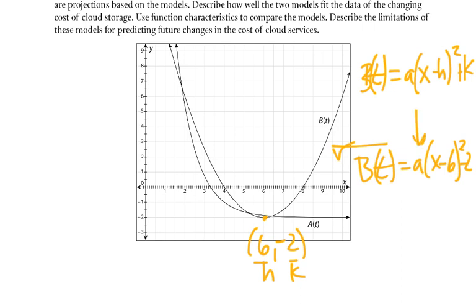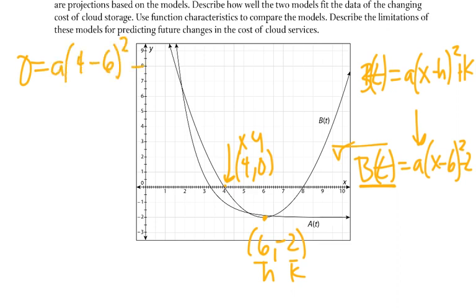Now, to figure out this a, we can pick a point on this graph, which I would pick an easy one like an x-intercept, 4, 0. That would give us an x and a y value, so I'd go 0 equals a times the x value of 4 minus 6 squared minus 2. Then we can simplify.